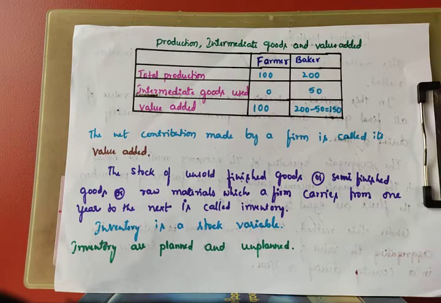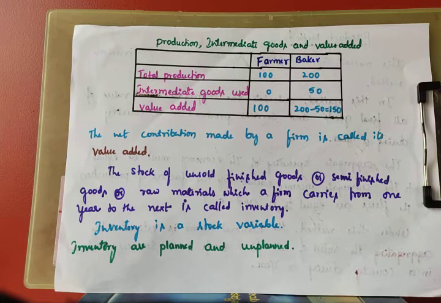The bakers purchased rupees 50 worth of wheat from the farmers, and using this completely during the year, they produced rupees 200 worth of bread, without using any other raw materials. So here the farmers' intermediate goods were 0, because they are not using any raw materials except human labor. But the bakers used rupees 50 worth of wheat.